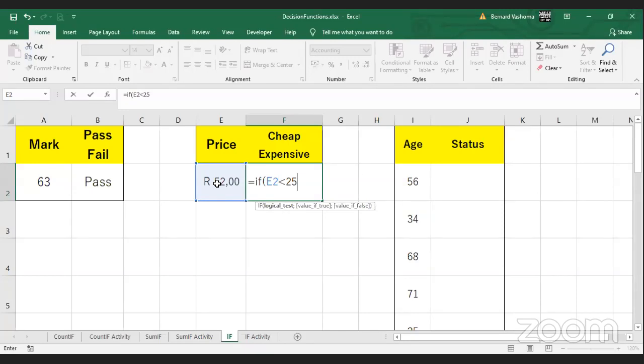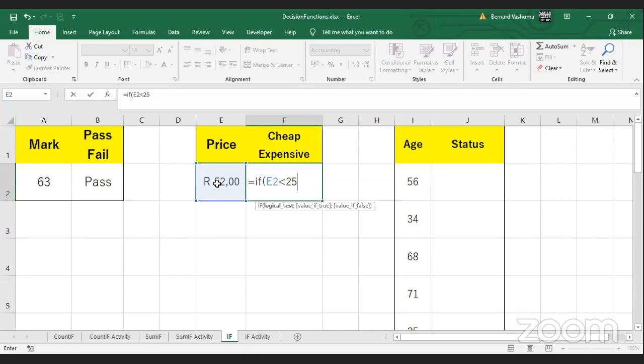Somebody is probably asking, why are you not putting the R for the rand currency? Now, remember, Excel has got different number formats: currency, date, number, general, all those things. Now, if you put R there before the 25, it will be recognized as a text string. Remember, a text string is made up of numerical digits and letters of the alphabet or a symbol.